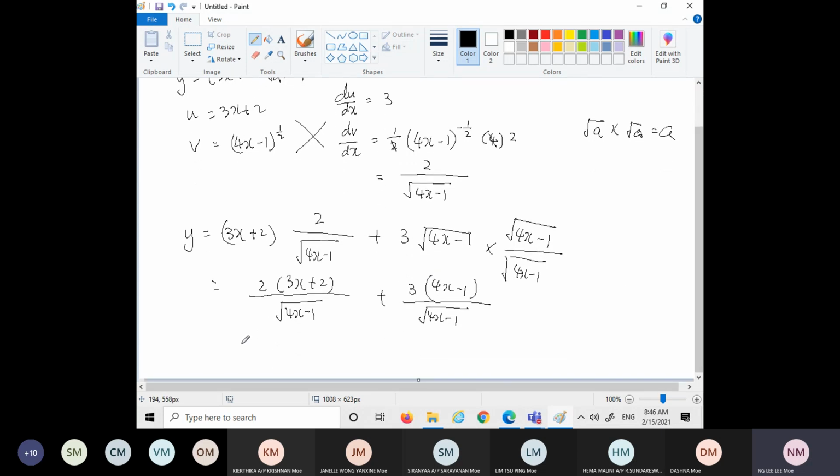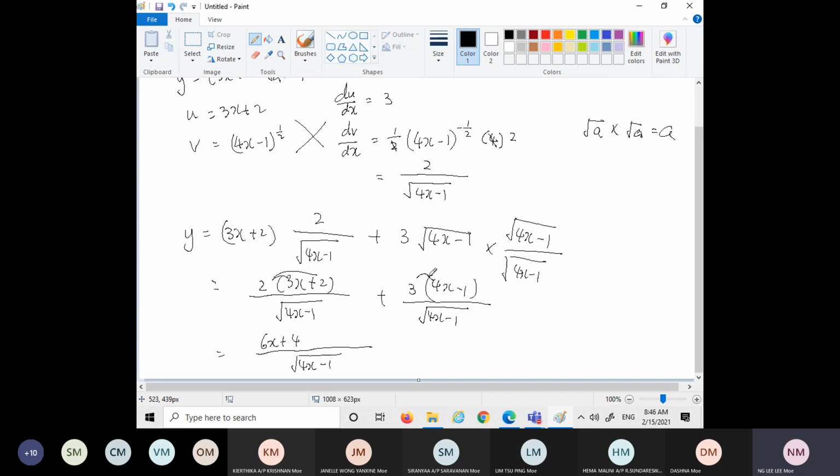Then I continue. Since I have the same common denominator, I can write it once. And then the numerator, I write all together. So this one I expand, 6x and then 4.